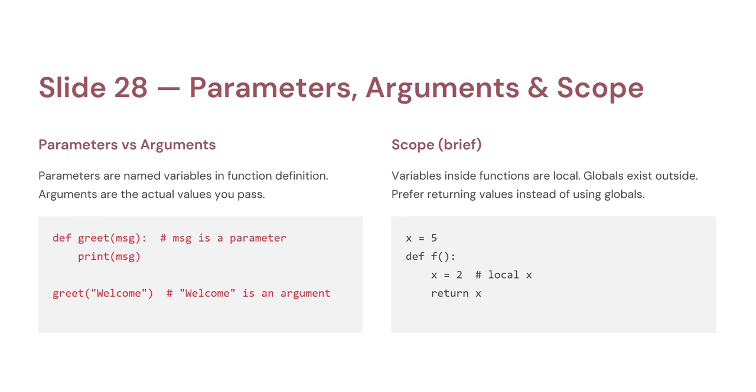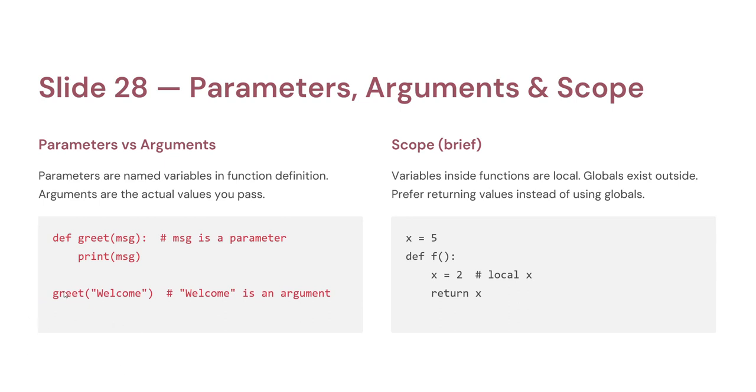Now let's understand two terms that confuse many beginners: parameters and arguments. Parameters are variables written when creating a function.